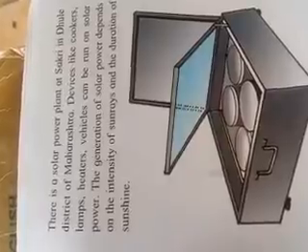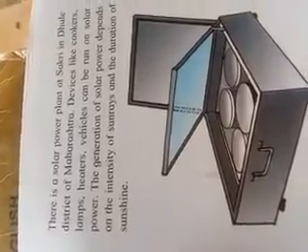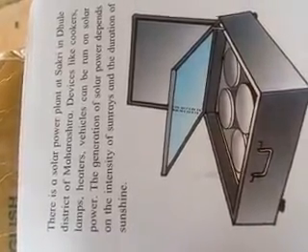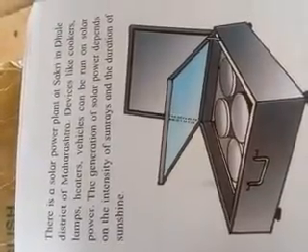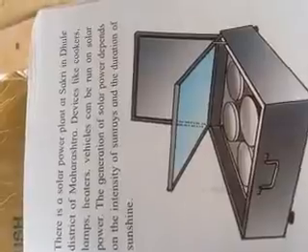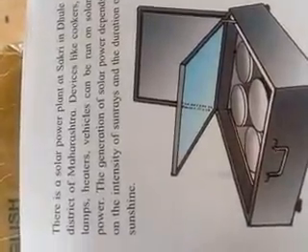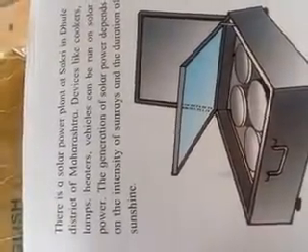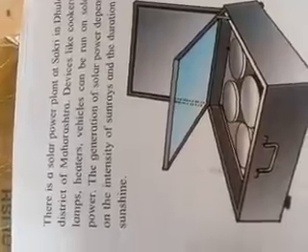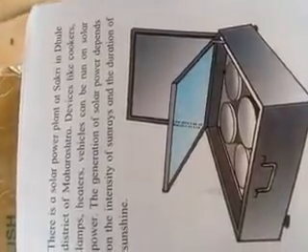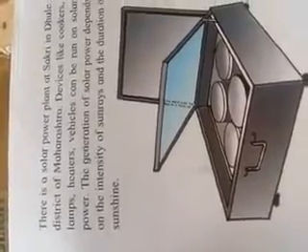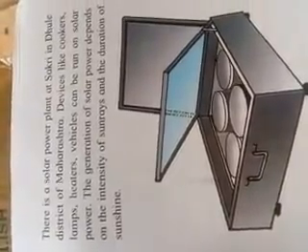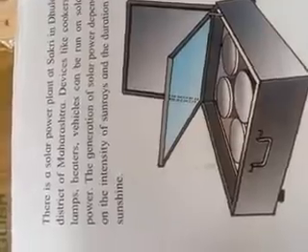Devices like cookers, lamps, heaters and vehicles can be run on solar power. The generation of solar power depends on the intensity of sun rays and the duration of sunshine. That means you understand solar energy is obtained from sunlight and heat, and there are solar power plants. Here is the example of solar energy: there is a solar power plant at Sakri in Dhule district in our Maharashtra.